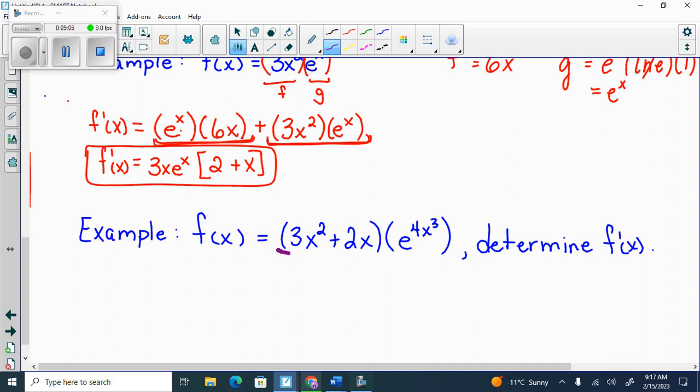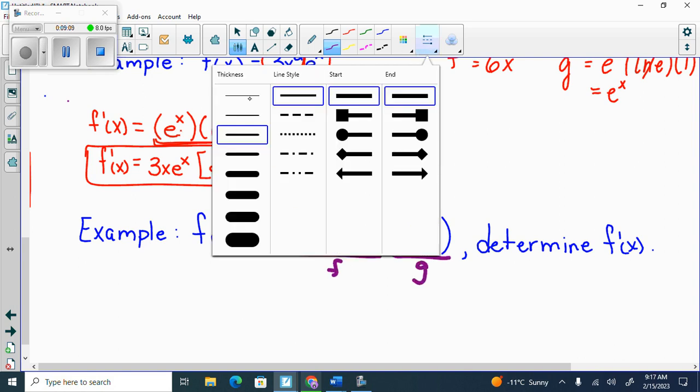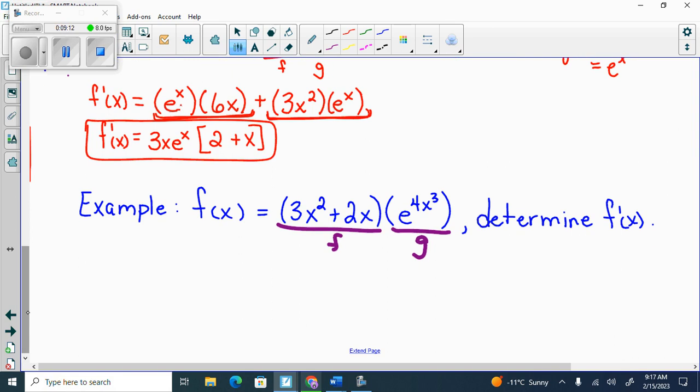So, this is my F, this is my G. So I'm going to go, F prime is what? Yeah, we drop the 2 down, 6x to the 1, so just 6x.